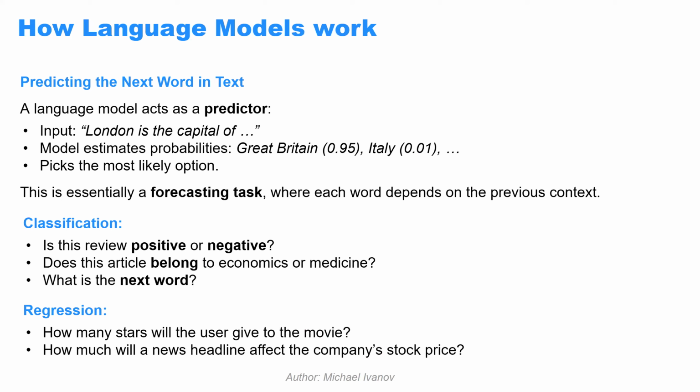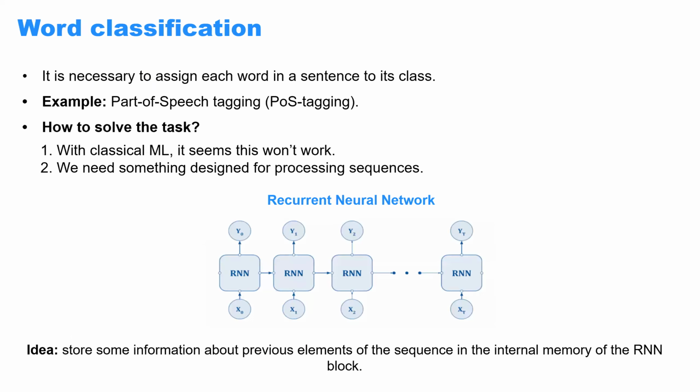As I said, it will predict the next word, or it can predict whether a sentence is positive or negative, or whether an article belongs to economics or medicine, and much more. It can solve many other tasks. As I have said, every language problem is classification.